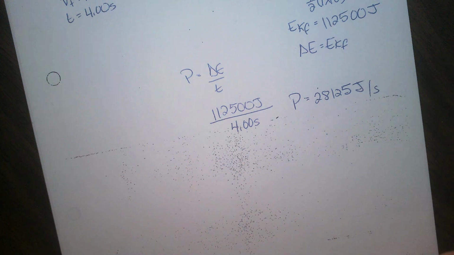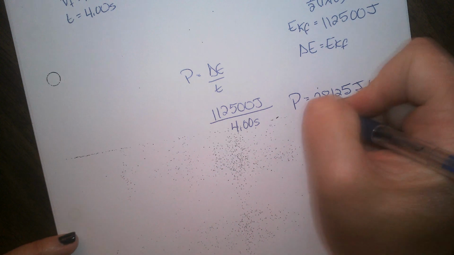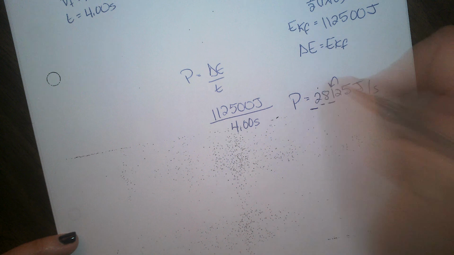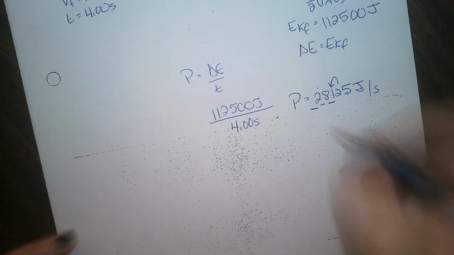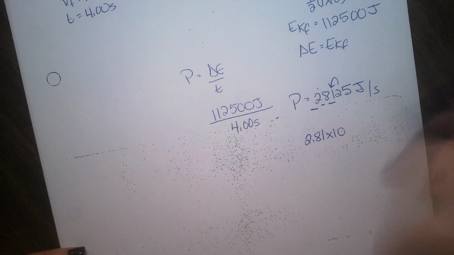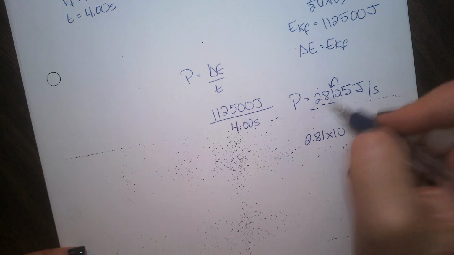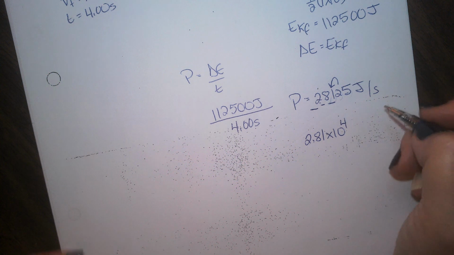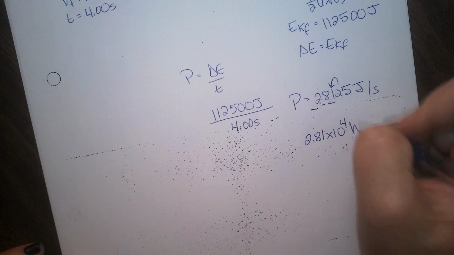Let's go back to the question for significant digits. 3. 1, 2, 3. So it's the 2 that's going to play onto the 1. So we're going to have 2.81 times 10 to the power of what? 4. And a joules per second is also called a watt.